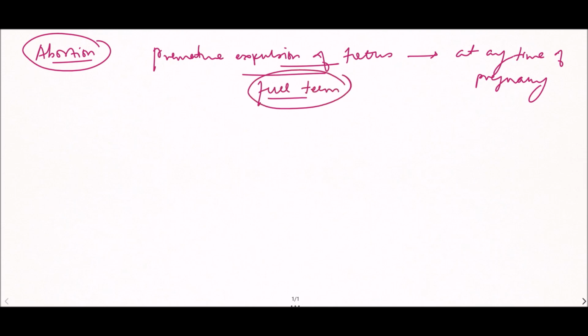So it is premature expulsion of fetus from the mother's womb at any time of pregnancy before the full term of pregnancy is completed. So this is the definition of abortion.